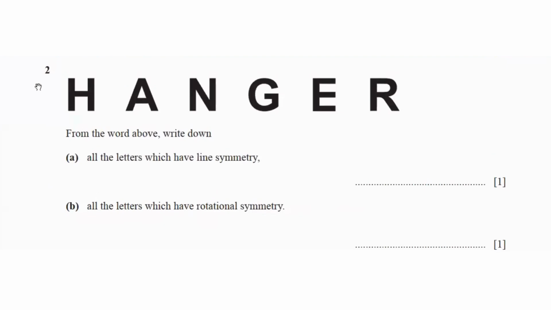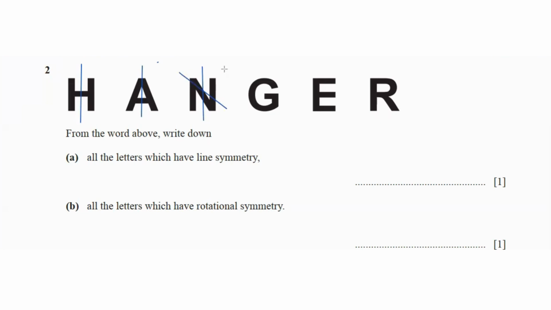In question number 2, it says, from the word above, write down all the letters which have line symmetry. So if you look at this, in the first case, H has a line symmetry. A has a line symmetry. N does not.